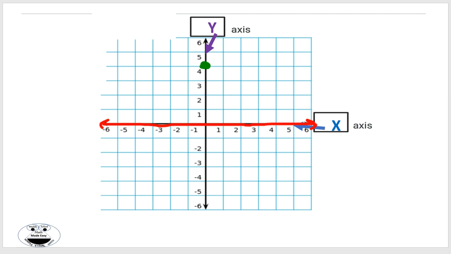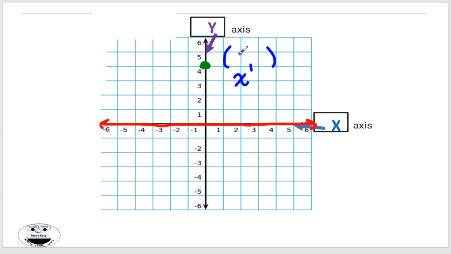So what we are going to do is, just like we did in the previous videos when we were looking for the coordinates of points in this quadrant, or this one, or this one, or this one, we're going to make a line down to the axis. So first, let's remember, when we write our coordinates, we write the x value first. So first we will make a line down to see where this point hits the x-axis.